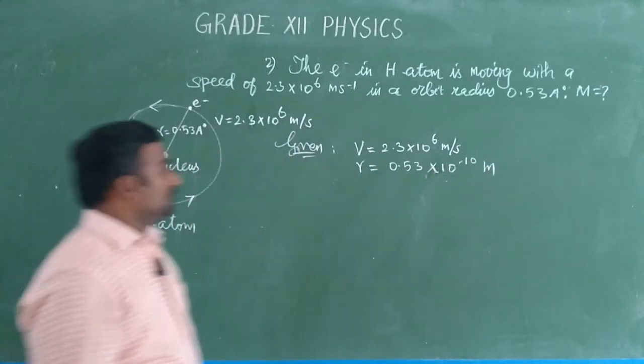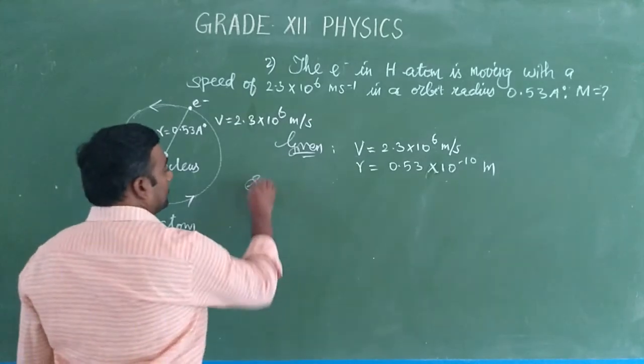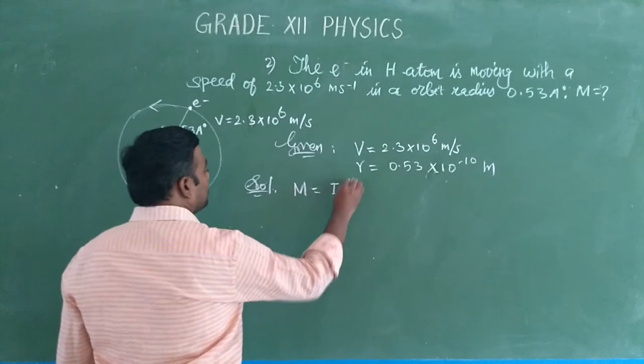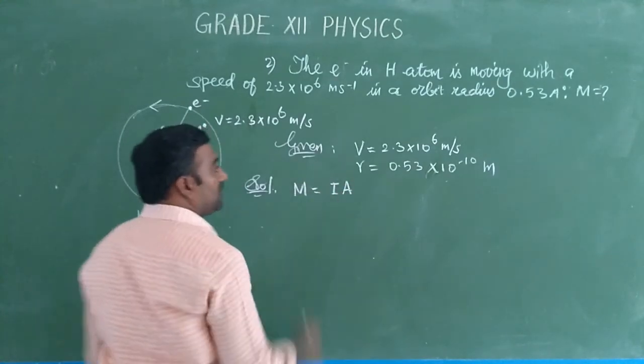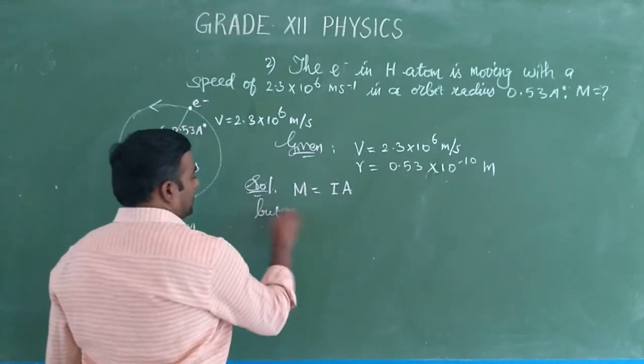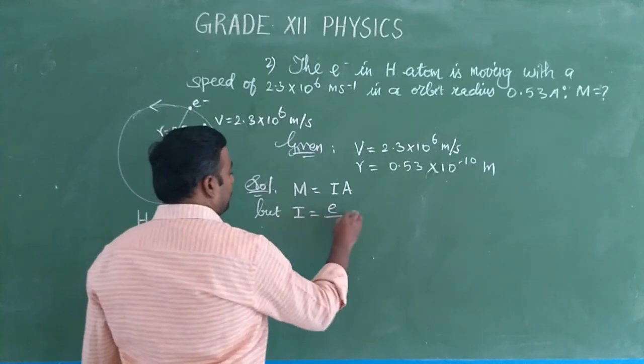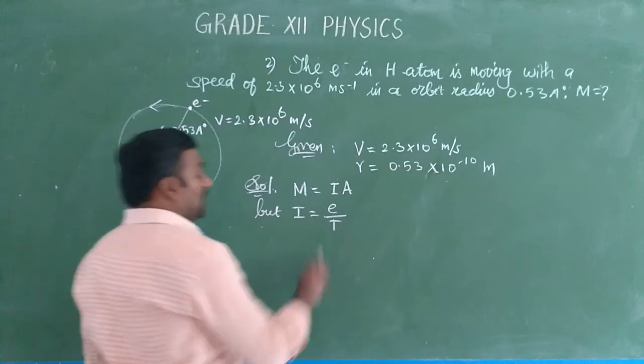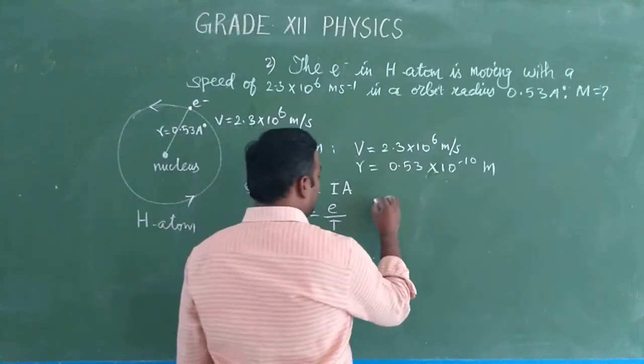So we want to find the magnetic dipole moment. The magnetic dipole moment M is equal to IA, but the current is the rate of flow of charge, and the time we have to find.